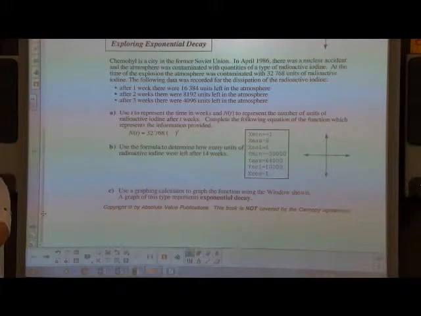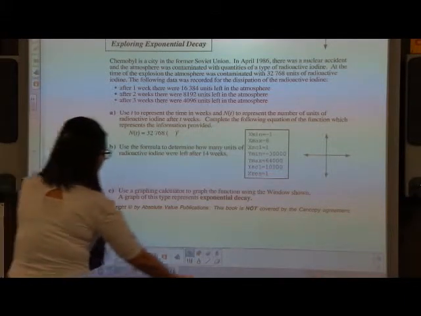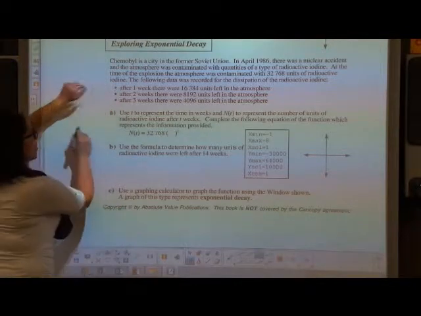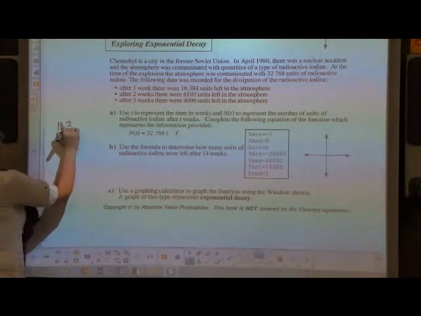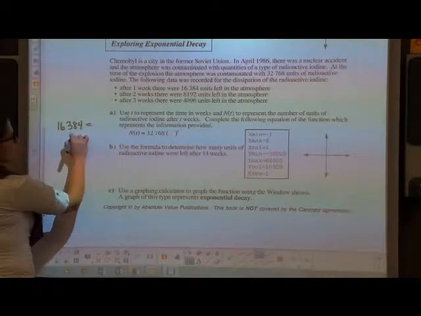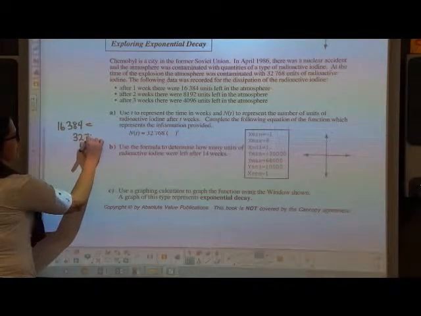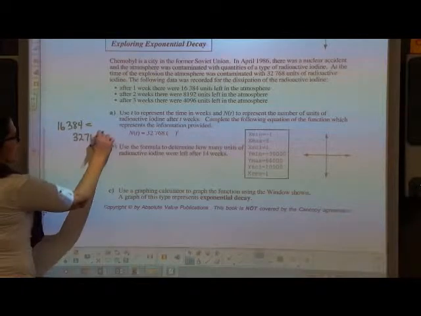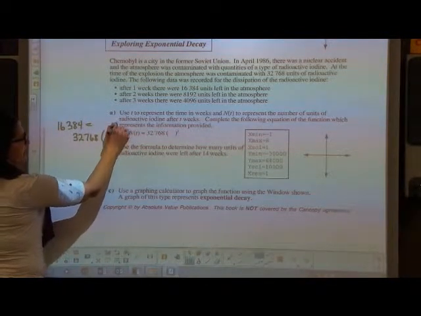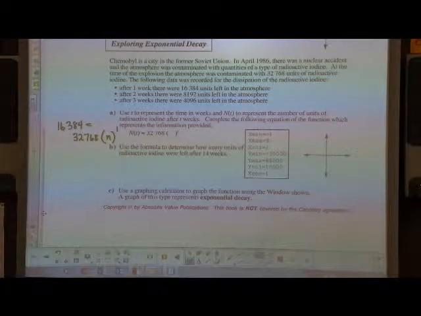So what I could do is figure out that at 1 week, there was 16,384 units left. And that's going to equal 32,768 times something, we're going to call it n, to the power of 1, because the time would have been 1 week.